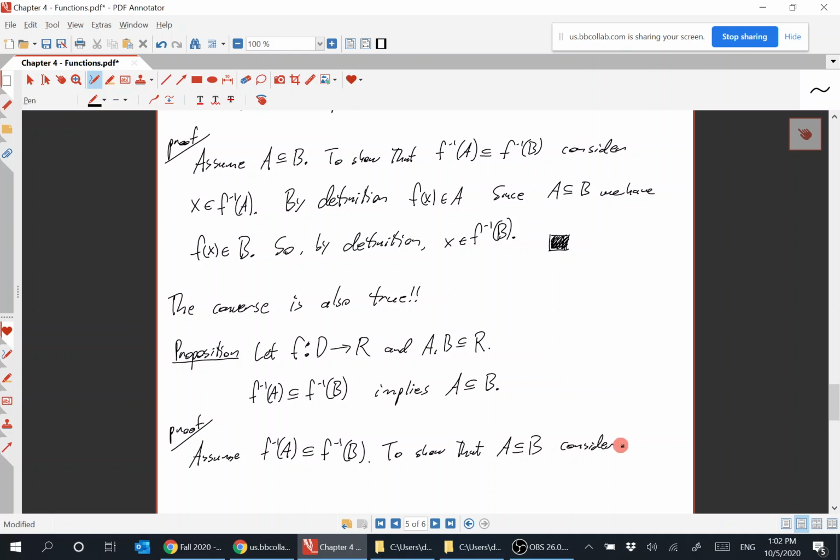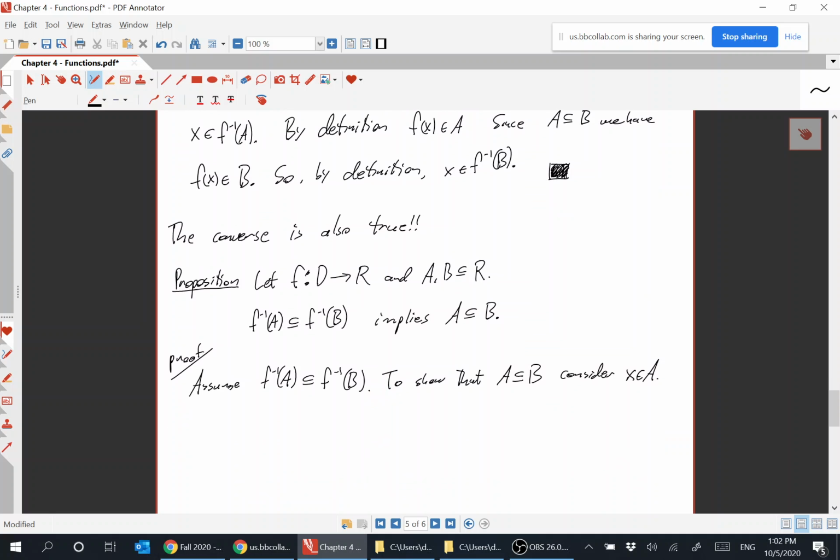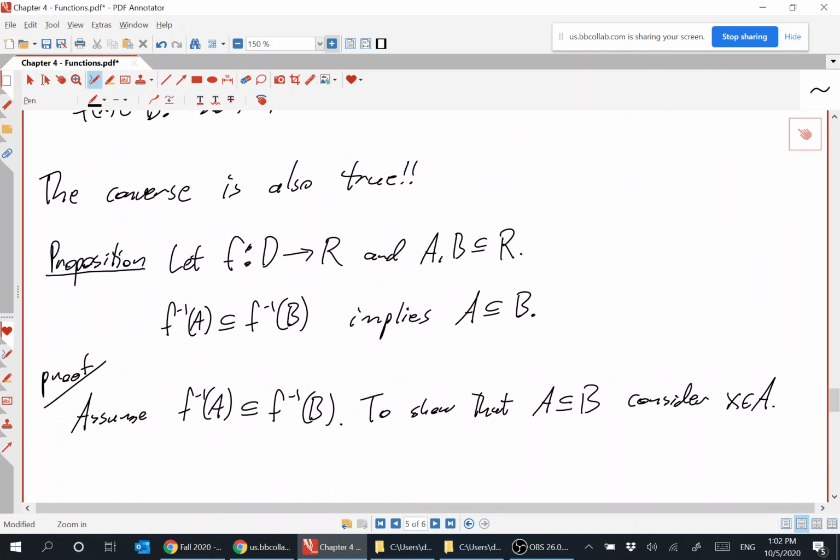That x belongs to A. Yeah, so consider some x in A. We need to show that x is also in B. Well, by definition, the definition's a little trickier here.